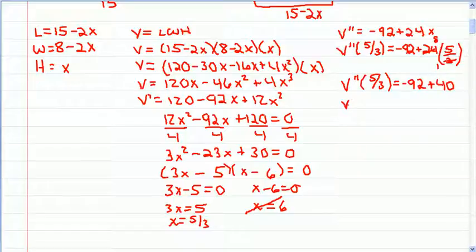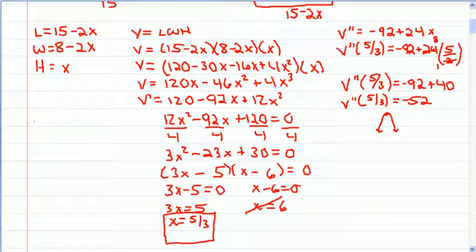So V double prime of 5/3 is equal to negative 52, and when the second derivative is negative at a critical point, it means it is concave down, and therefore that critical point is a relative maximum. So x equals 5/3 is the value that will give us the maximum volume.